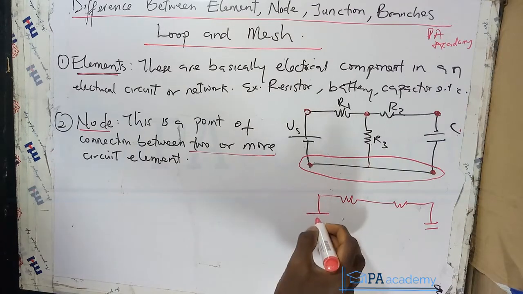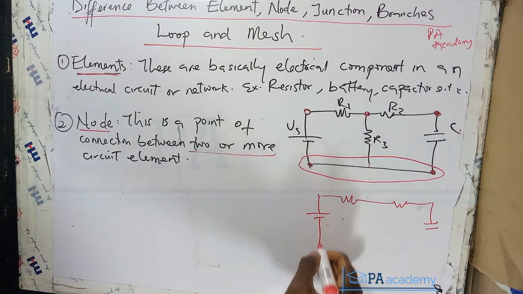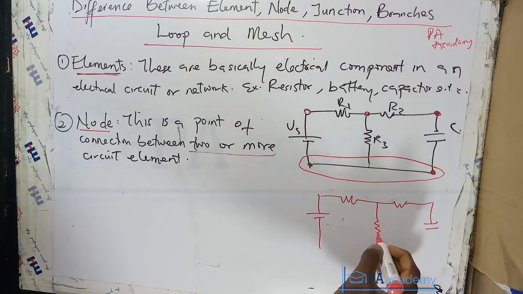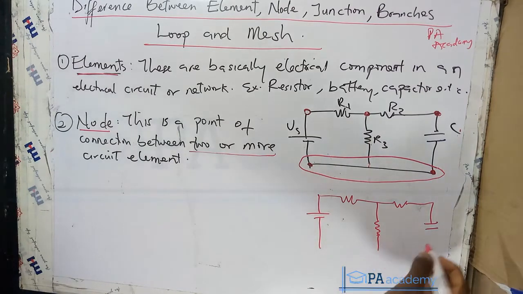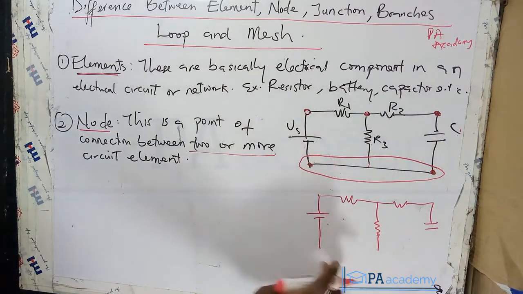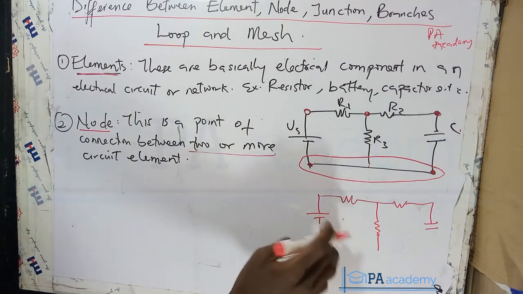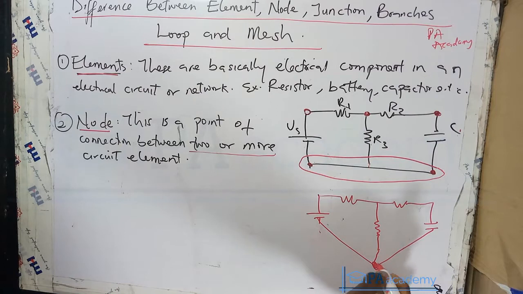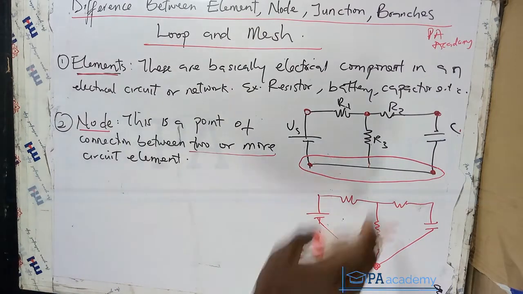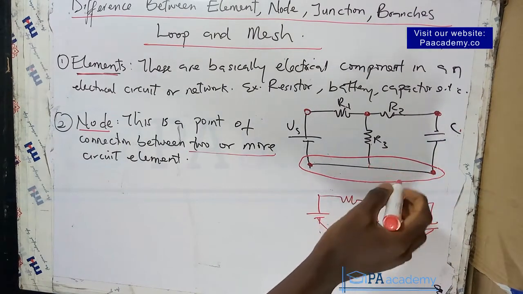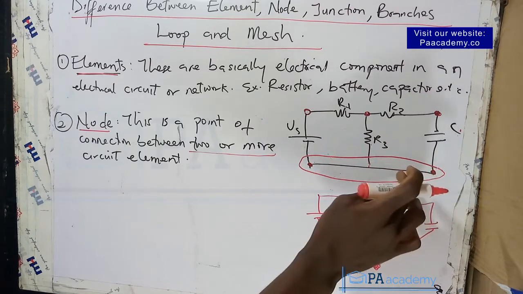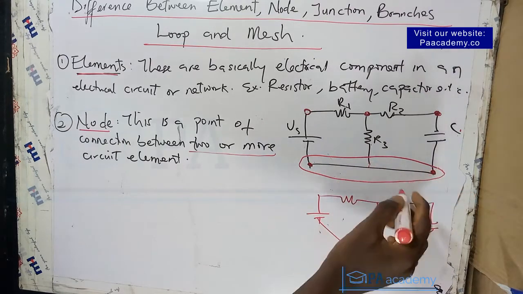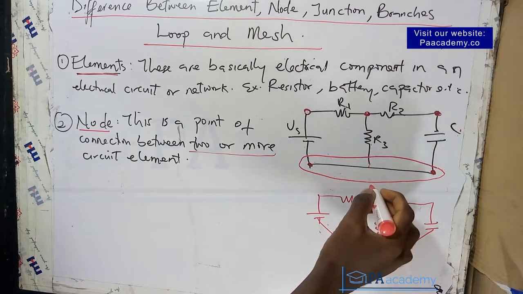Here this will be our voltage source. Now instead of coming like this, we can have everything coming to meet at this point. There's no element here that we can say is a node, so this entire point is one node, and this is another node.